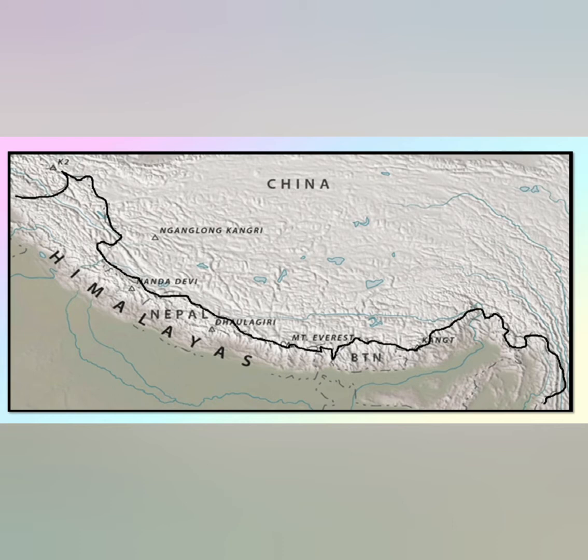Children, you can see from the picture that the area marked in black is the northern region of India, which is covered with the Himalayas. Also, it is clear from the picture that the Himalayas is not a single mountain but a chain of mountains.